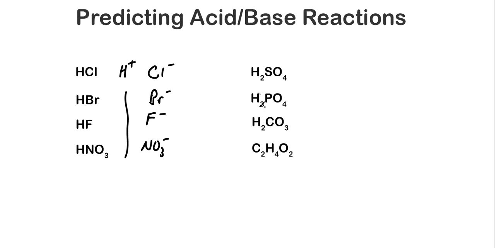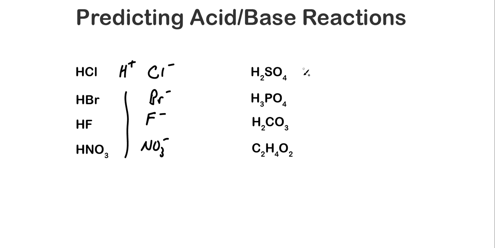They have multiple hydrogens. They're going to be what's called polyprotic acids. Remember, protic stands for proton, and acids are a hydrogen ion donator or a proton donator. So these have the ability to donate multiple protons.